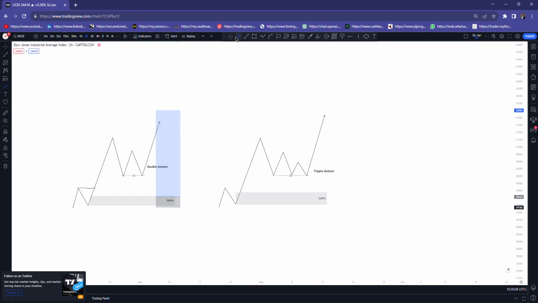You broke your structure here and you went in, but you never came back to the previous unmitigated zone, which is this one. You realize that the price has been playing around one area like this triple bottom.